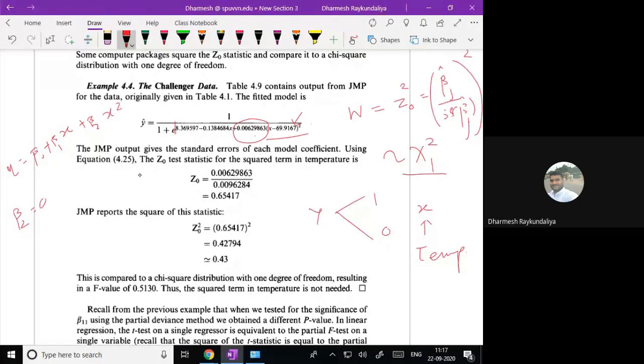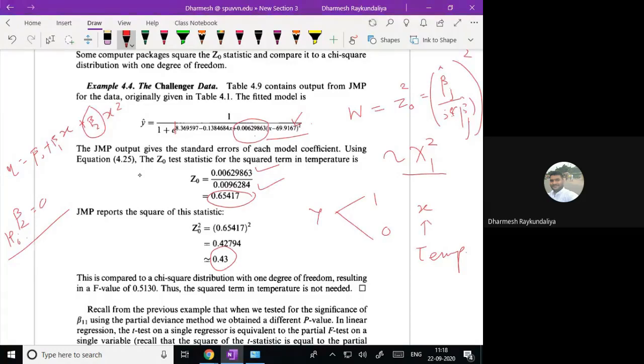They have just subtracted x by 6, 9 for all the cases. Okay. Now we wish to see whether beta 2 equal to 0 or not, or whether x square has an impact or not. So I will perform the H0: beta 2 equal to 0, and the corresponding estimate is this, standard error is this, so z0 is this, and when you take the square it is 0.43.